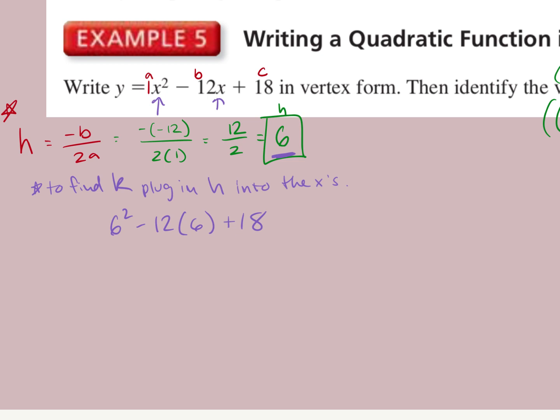What's 6 squared? 36. And 12 times 6? 72. Plus 18. What's 36 minus 72? Negative 36. And negative 36 plus 18?